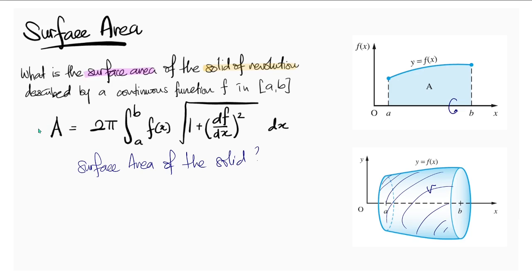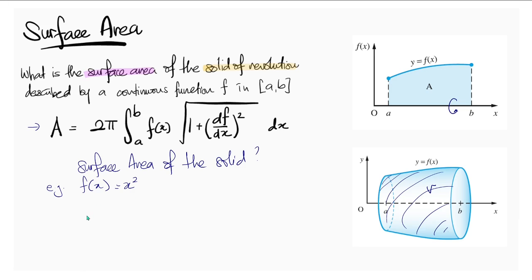Okay, this is the formula given. So for example, let's say f of x, whatever, I'm just going to pick x squared. I like this. So how to find the surface area of this solid described by the curve x squared.